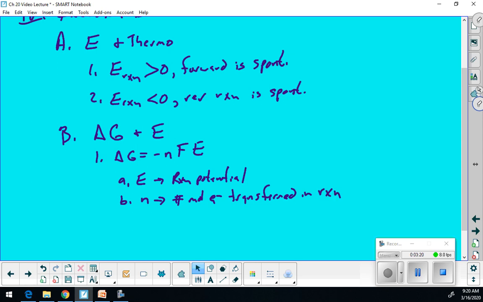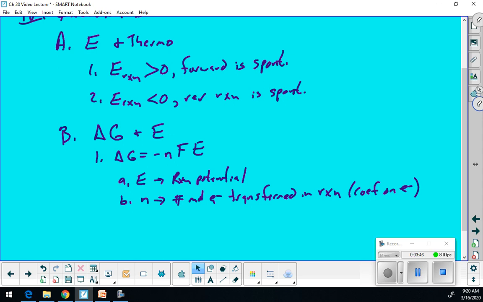This is based on the coefficients on the electrons in our balanced equation. When we are doing our half cell balancing, and we have to equate the electrons so that each half cell has the same number of electrons, well, that's the n.